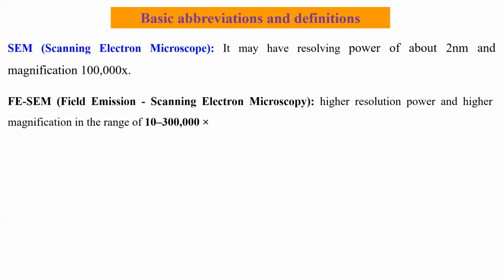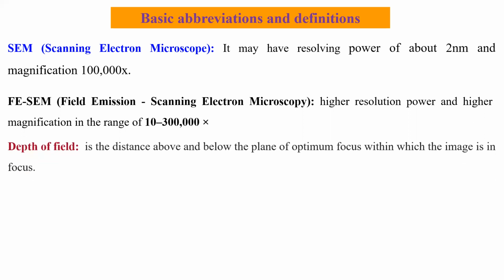And FESEM, if you want to go for higher magnification, is almost 3 times that of the scanning electron microscope, with high resolution power and higher magnification in the range of 10 to 300,000x. The main thing here is depth of field, a very important parameter, which gives the distance above and below the plane of optimum focus within which the image is in focus.